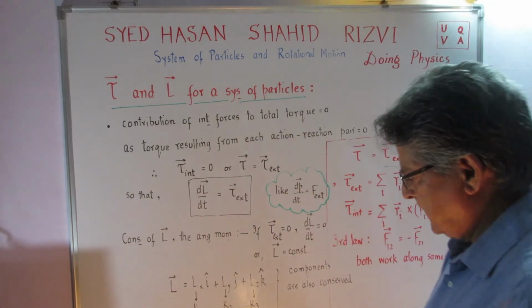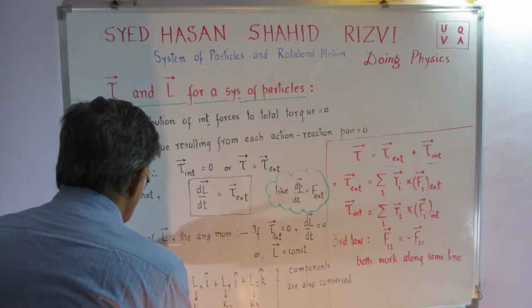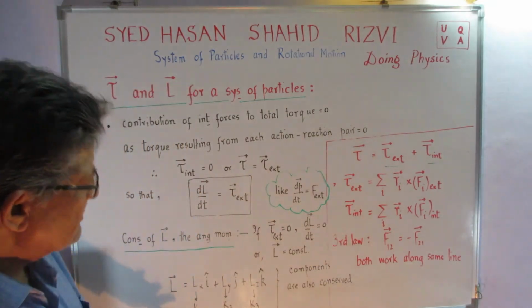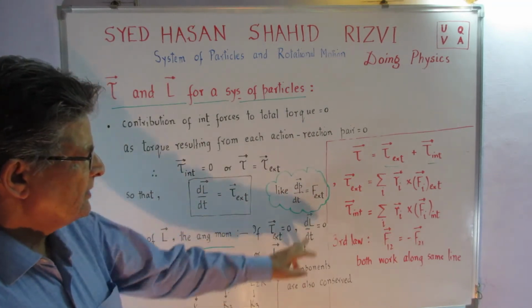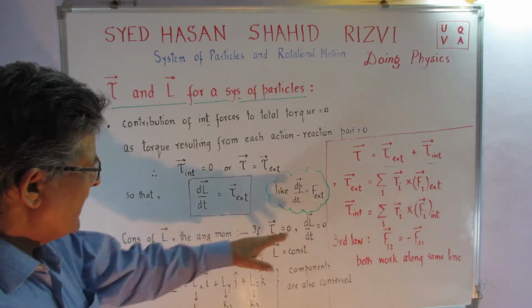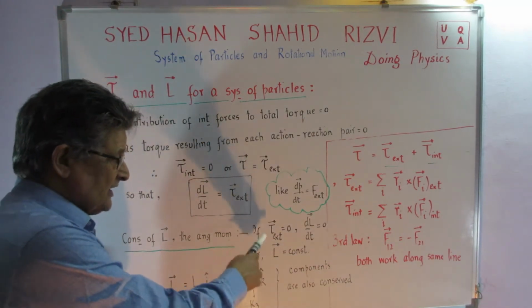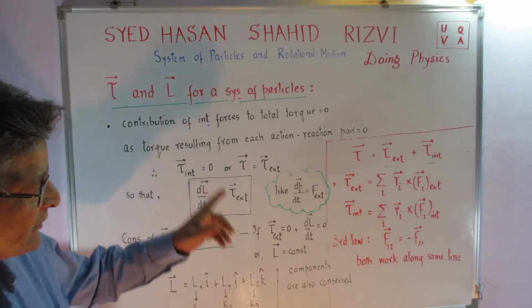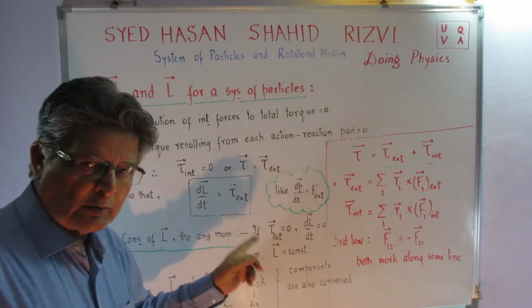Now the next item that we deal with here is the conservation of L, the conservation of angular momentum, like the conservation of momentum. Of course, there we had, if the force is equal to 0, then dp/dt was equal to 0, so p was a constant, and we could say the same thing here if the total external torque acting on the system is equal to 0, because force was requisite for changing the condition of the body.